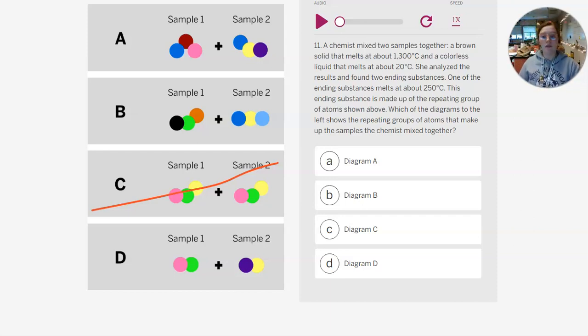So looking here, what would my answer be then? Which answer, A, B, or C, has at least 1 pink, 1 green, and 1 yellow? Checking, A has pink, but no green. B has no pink. C has pink, green, and yellow.